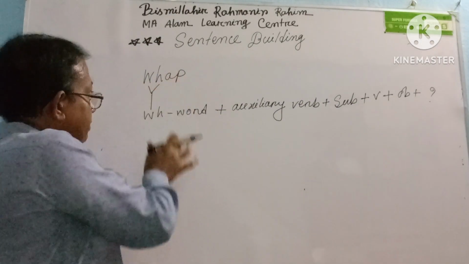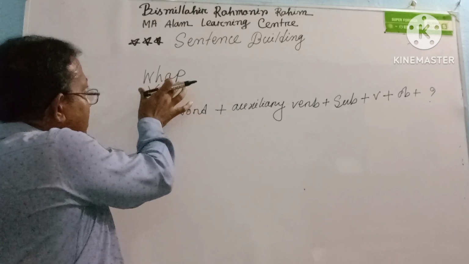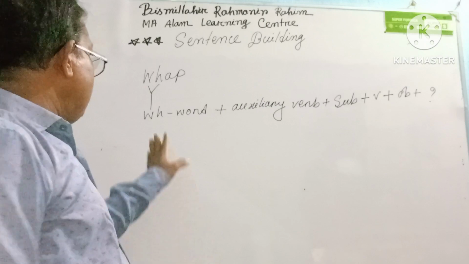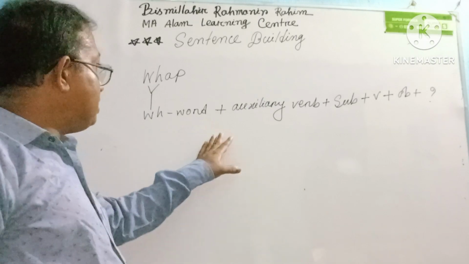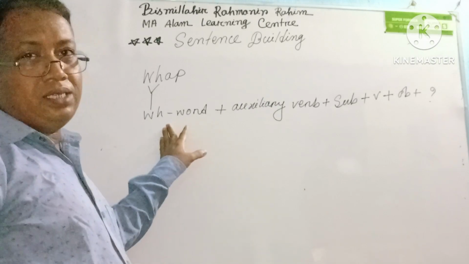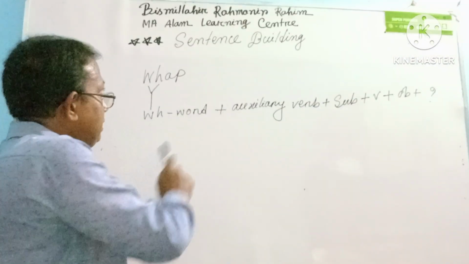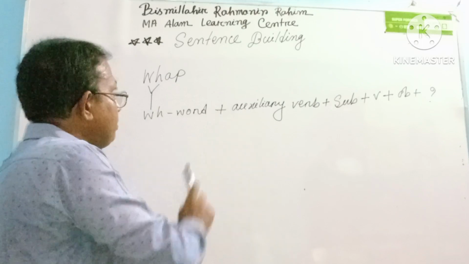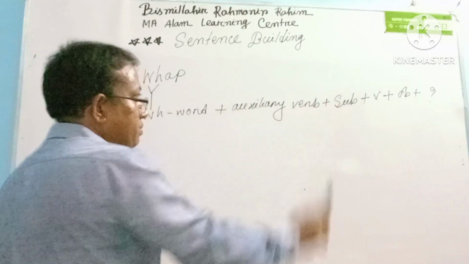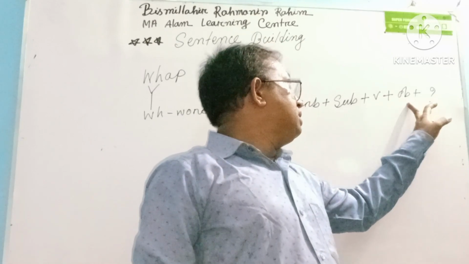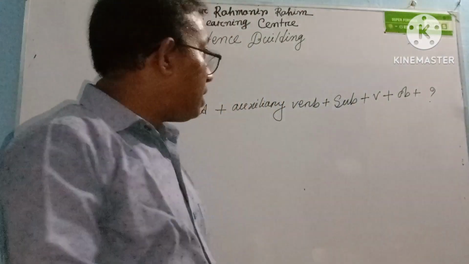What? By using the word what, we can build an interrogative sentence using a WH word. WH means WH word, A means auxiliary verb, then P, person for subject, and then principal verb and object plus question mark.